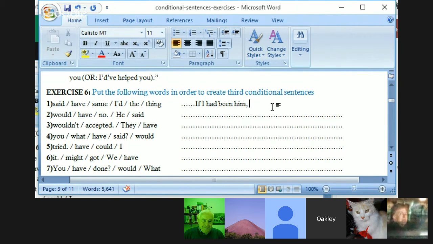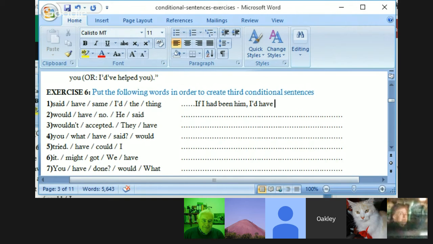These words are scrambled. Remember, they're mixed up, so put them in the right order. I'd have. Very good. You need the past participle of the verb.